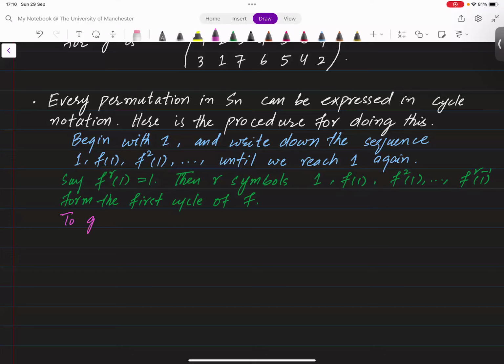To get the second cycle, choose a symbol not appearing in the first cycle.